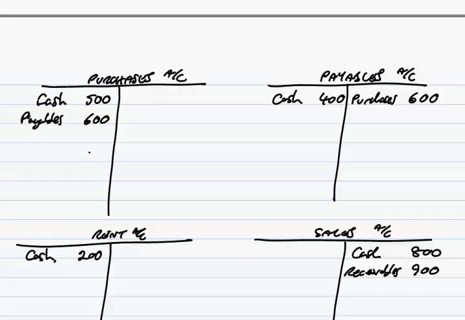To balance it nicely, add up the big side, it's 1,100. Make the other side add up to 1,100 by filling in the missing figure. The missing figure is 1,100. That's the balance. And we rewrite it on the opposite side.